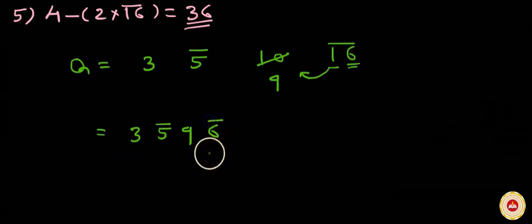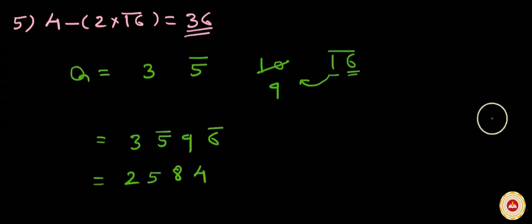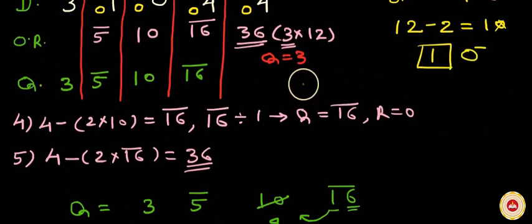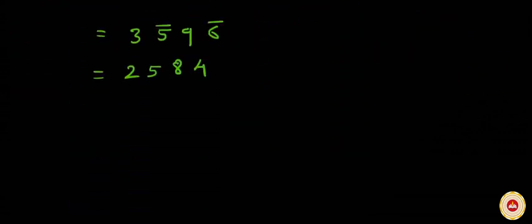Let us convert it into a normal number. So 2, 5, 8 and 4. Now let us add the quotient in the last part, which is 3, to this quotient.